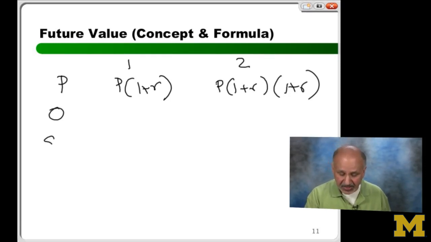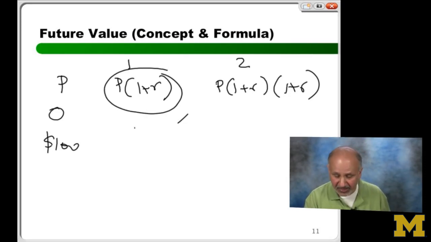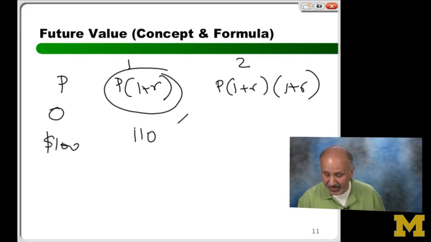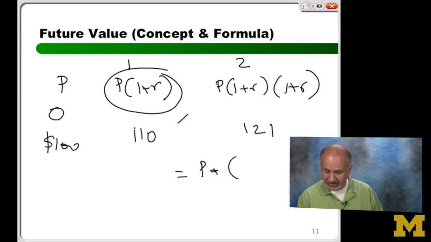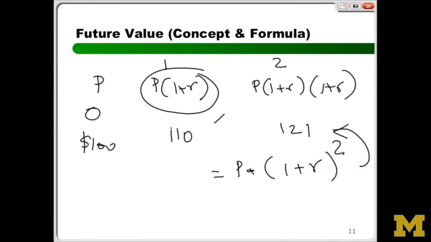Because this P in our case was 100, but after 1 year this whole thing has become 110, and then when you carry it forward again it will become 121, and it turns out P times (1 plus R) squared is exactly equal to 121.